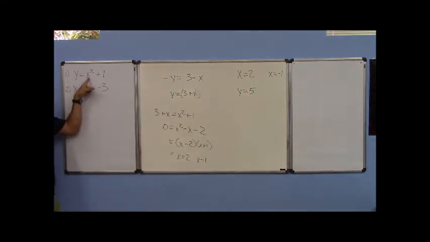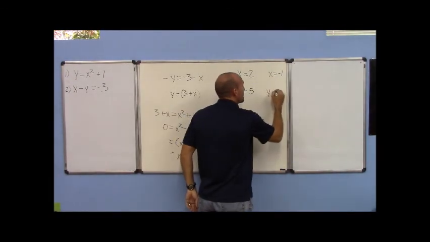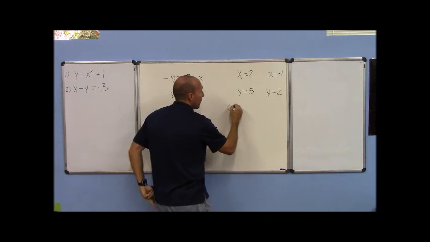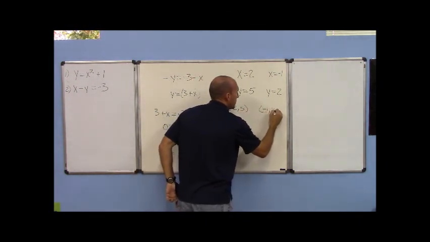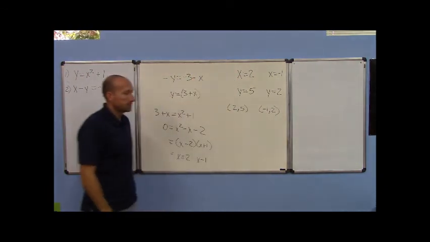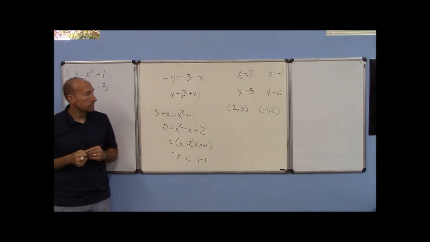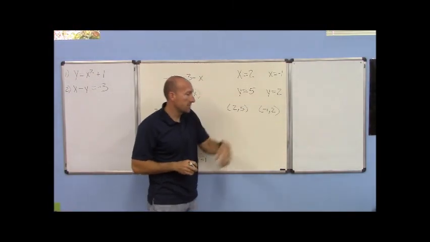What is negative 1 squared? 1 plus 1, yes, very good. The answer is 2. So our y equals 2. So here, our coordinates are going to be 2 and 5, and minus 1 and 2. Okay, so we have our 2 values that solve this system.